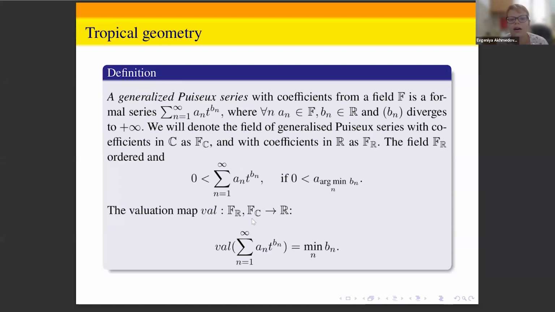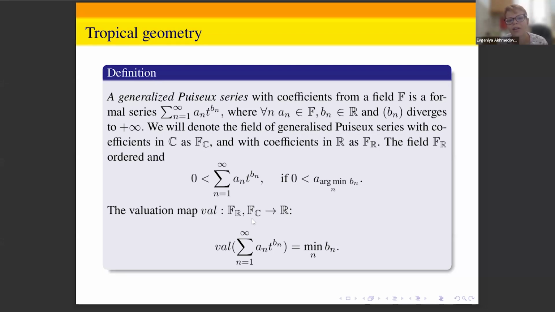So there is another way to think about tropical geometry, as valuations in the field of generalized Puiseux series. This series has coefficients from real or complex numbers and real powers where the sequence converges to plus infinity.